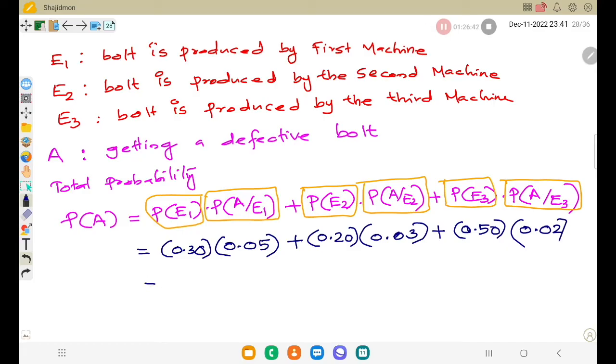When we are calculating, you will get the answer 0.031. Okay, hope you understood how to calculate the total probability.